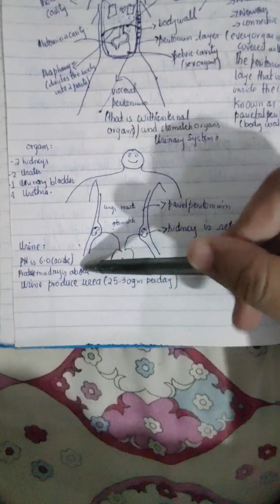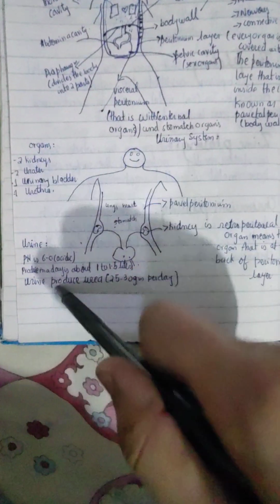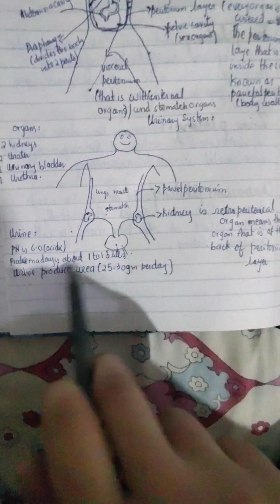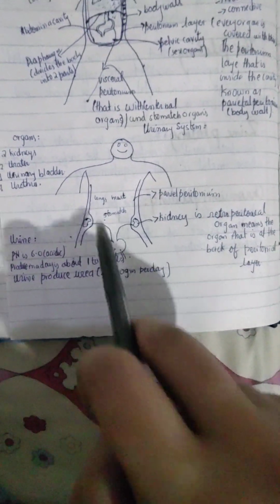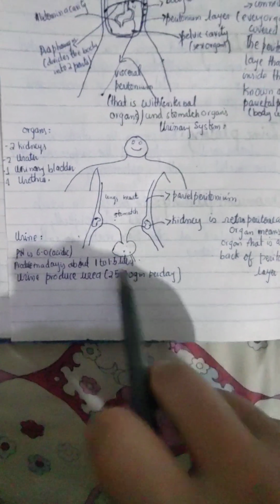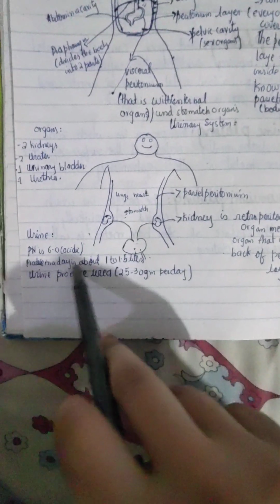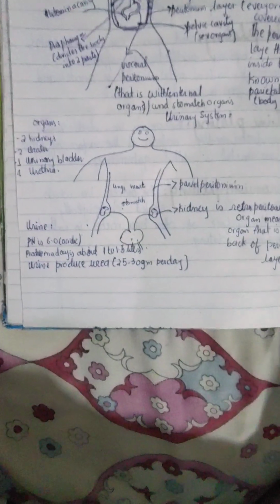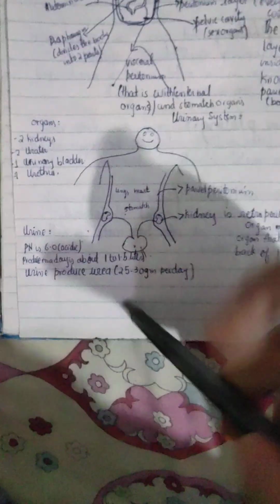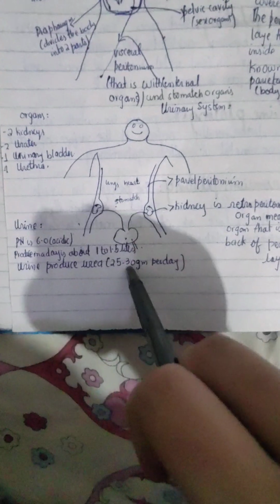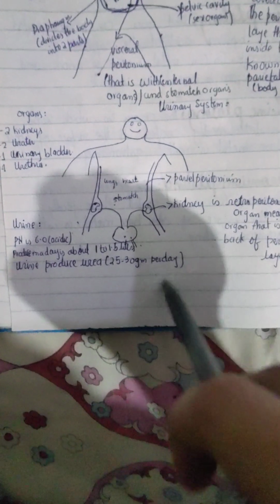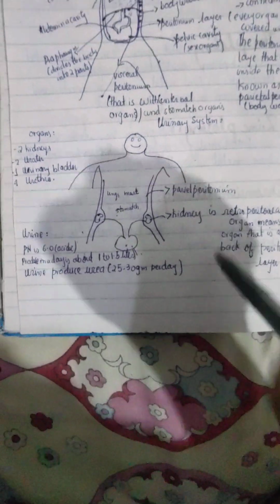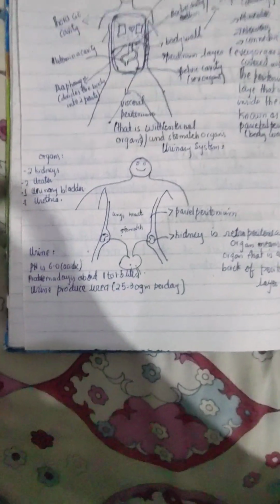So urine is acidic, and the amount of urine produced in one day is about 1 to 1.5 liters. Urine contains urea, which is a waste substance. We'll be studying soon how urea is formed. Urea is formed at 25 to 30 grams per day. Okay, let's go towards excretion.